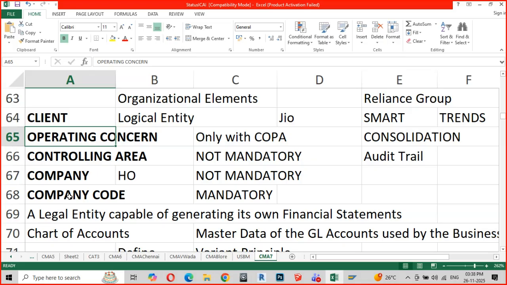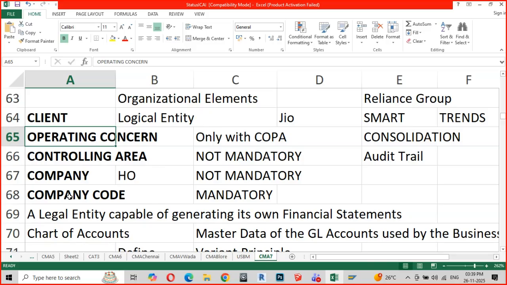So your company is nothing but your mother office, your mother company, where the child companies or the company codes are reporting the results back to the head office so that the results are getting consolidated at the corporate level. The corporate office is reporting the results of all the company codes under the head office.